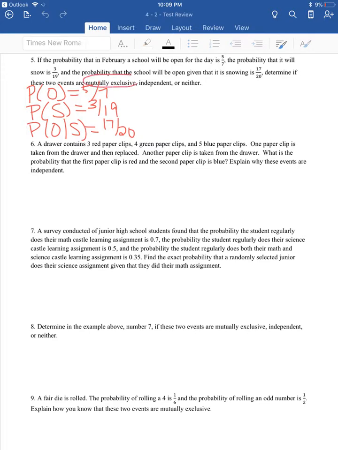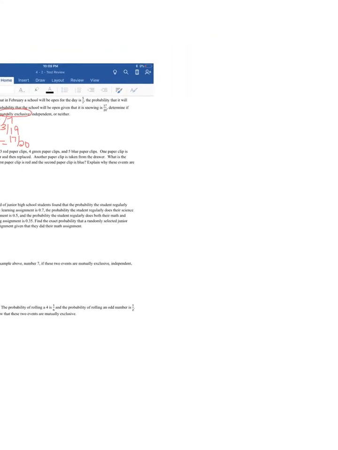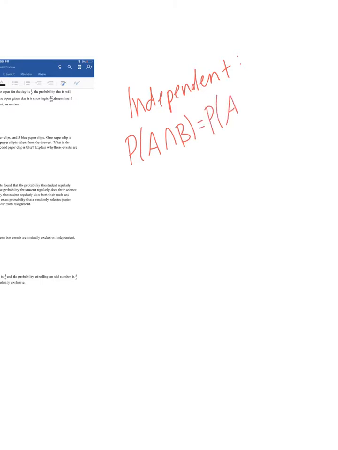So mutually exclusive, let's put this over here for a second. So we'll come back to the worksheet in a second. So if they're independent, that means that the probability of A and B is equal to the probability of A times the probability of B. If two things are mutually exclusive is when two events can't happen at the same time.